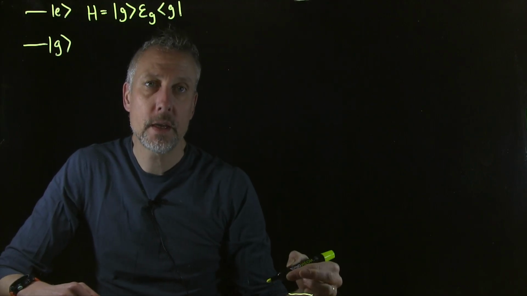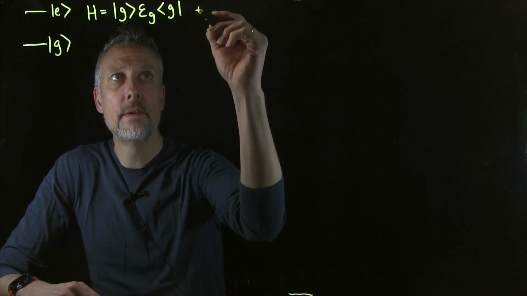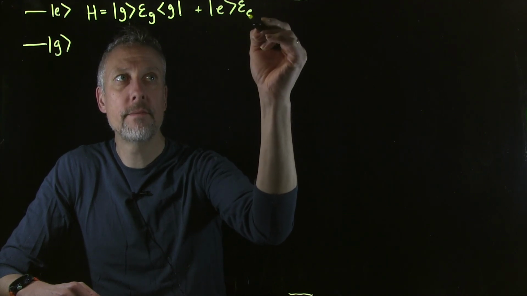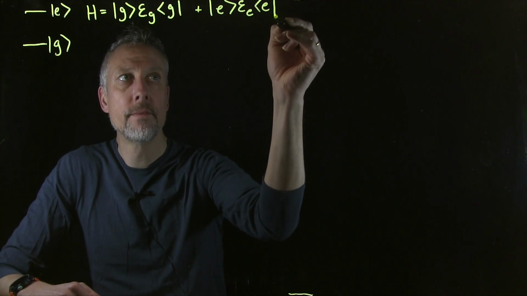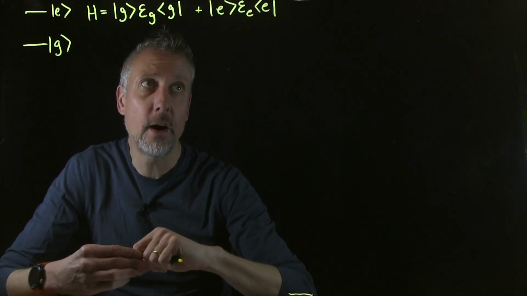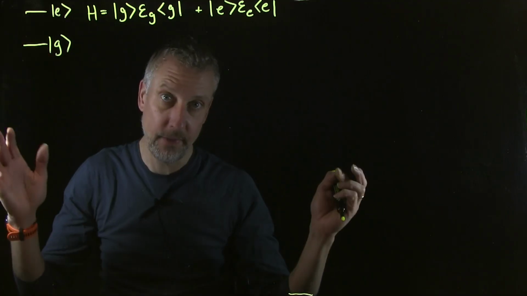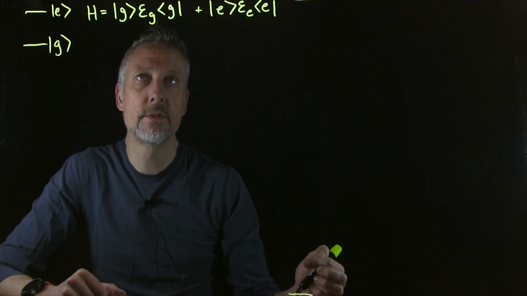And we're going to add to that the energy of the excited state. Okay, and this is our Hamiltonian for now, of the two-level system with nothing else, just those two levels.